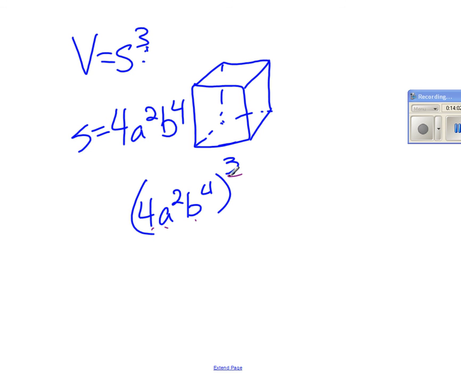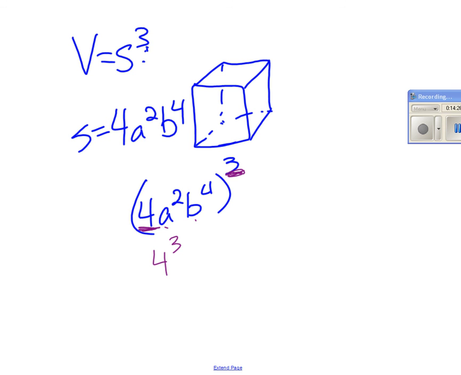So this is going to be 4 to the 3rd power, because it's cubed. Don't you multiply them? Not yet, because all we're looking at is just the 4. The 4 is all by itself, so it's going to be 4 to the 3rd power.